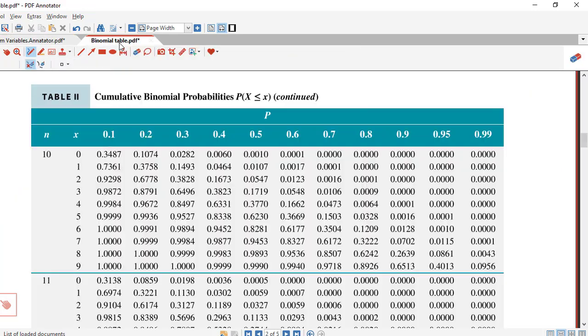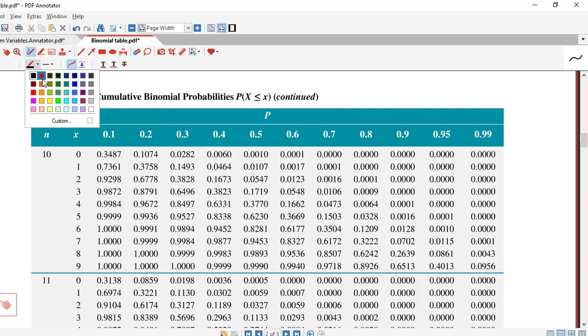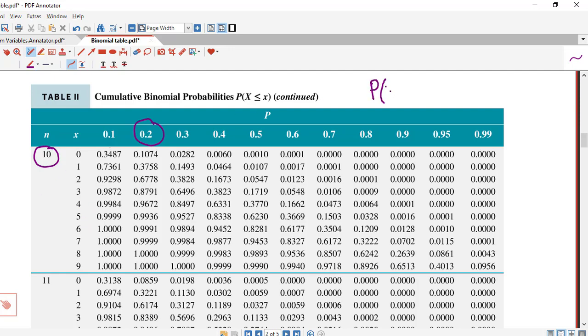So I consider this binomial probability table. Here we find number of trials, that is n is 10, probability of success is 0.2, and first we require the probability that capital X is less than or equal to 5. So I will consider small x equal to 5.